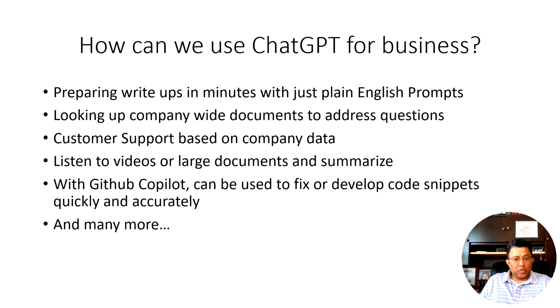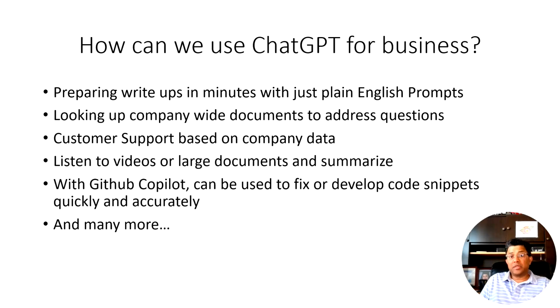We can also use ChatGPT for listening to videos and summarizing the content for us. With GitHub Copilot, which is an add-on based on Codex and coming from Microsoft, it can be used to fix or develop code snippets in a variety of languages like Python, Java, JavaScript, and so on.